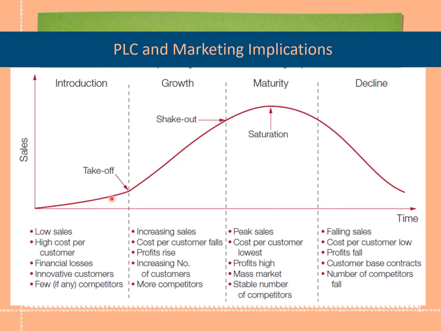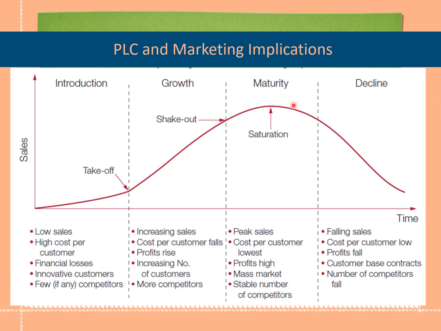Normally it depends on the type of product. When we talk about gadgets or technological products, the time frame could be shorter because technology keeps on changing. That's why people keep on introducing new versions of a technology. But for things like food, for example Coca-Cola, Coca-Cola has now been in the maturity stage for a very long period, for years, decades and so on.